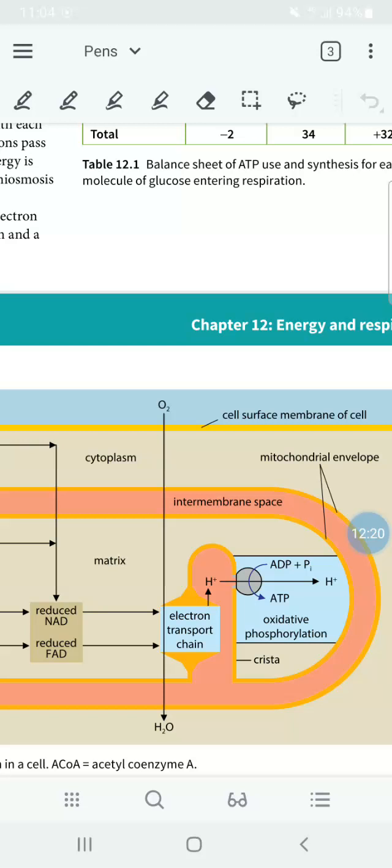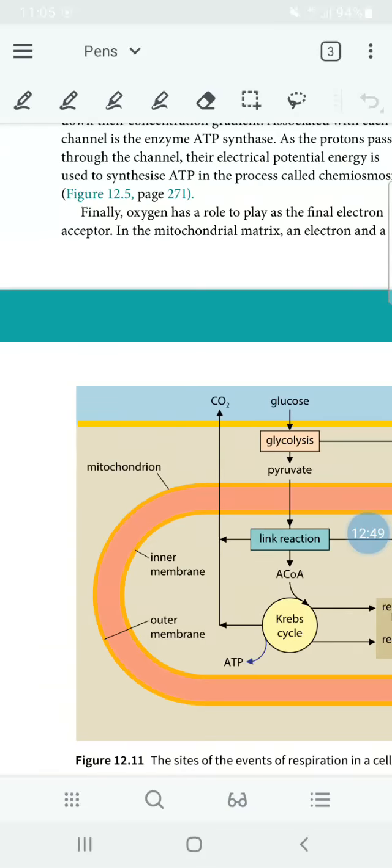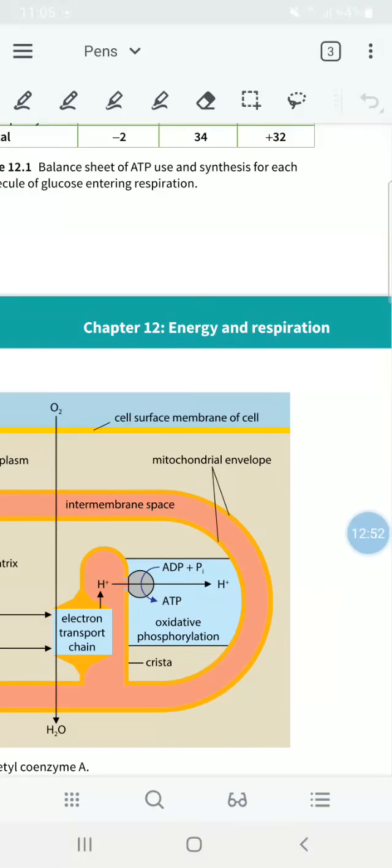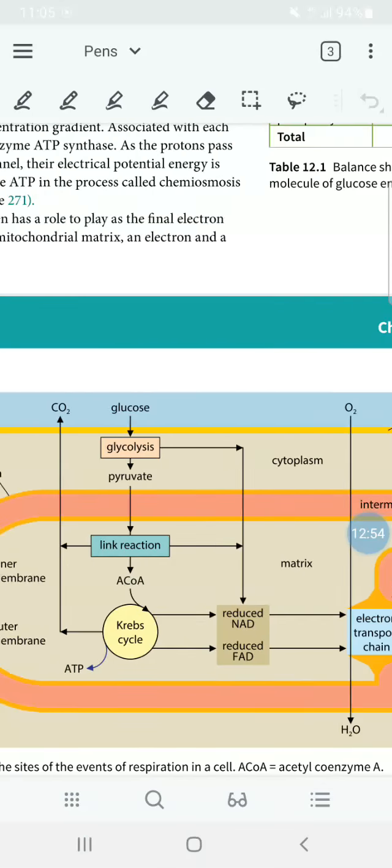Then the electron transport chain happens inside the proteins, the electron carriers, and the electron transport chain and oxidative phosphorylation take place at the inner mitochondrial membrane. Those are the details of where it is taking place, and you have to have a clear idea on this. Try to memorize this chart.